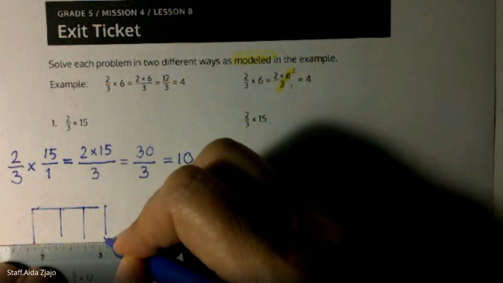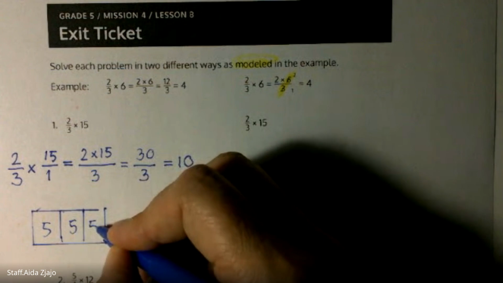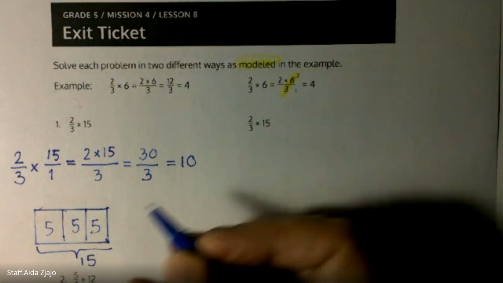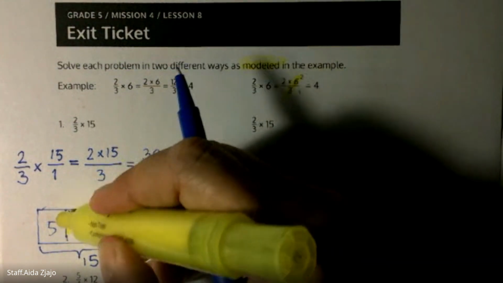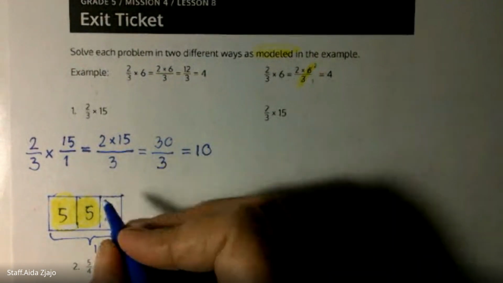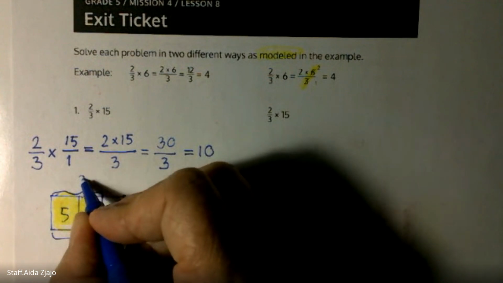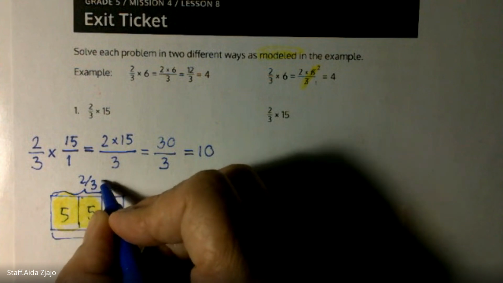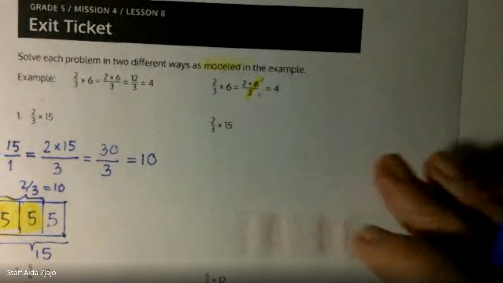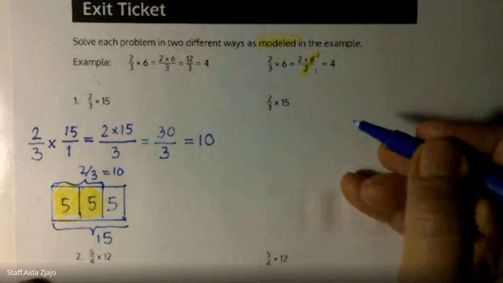So I have 15: 5, 10, 15 makes this rectangle, and 2/3 of that is 10. So that's what the answer is: 2/3 of 15 equals 10.